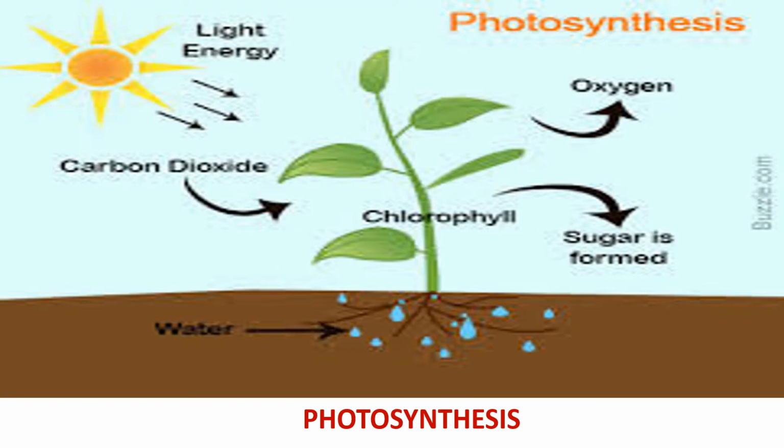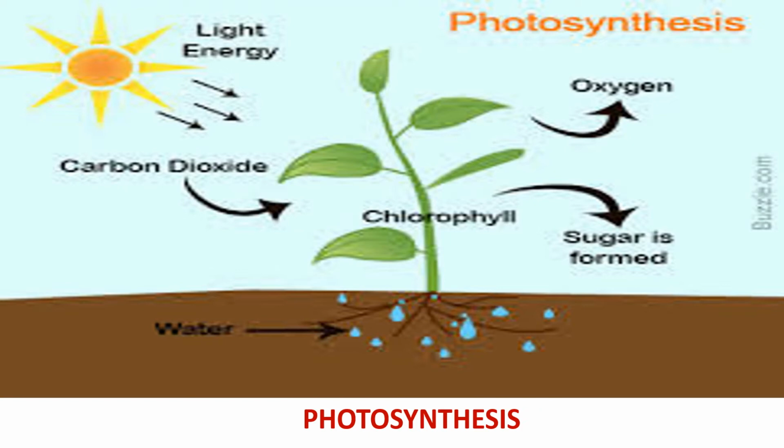Plants need sunlight, carbon dioxide from air and water from soil. Photosynthesis takes place in the leaves of a plant.